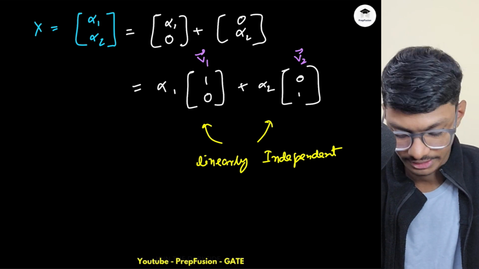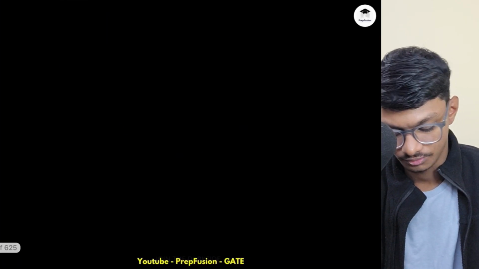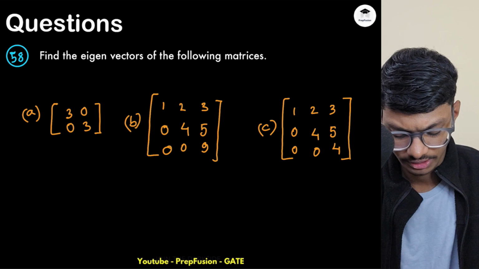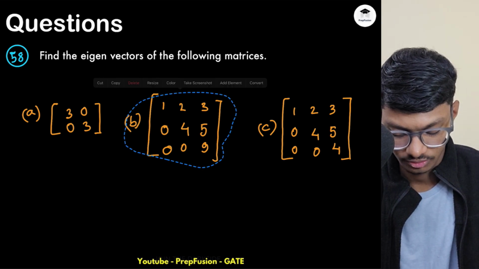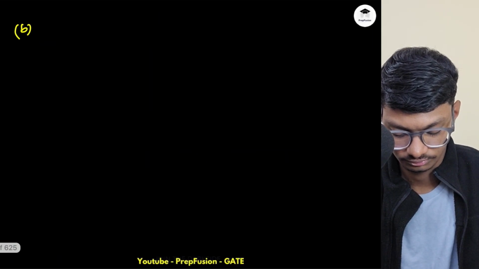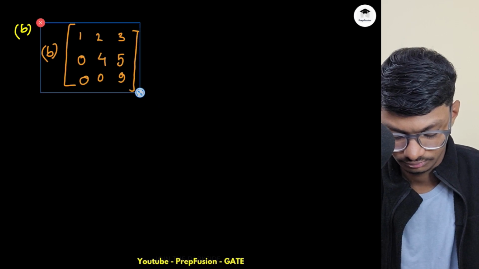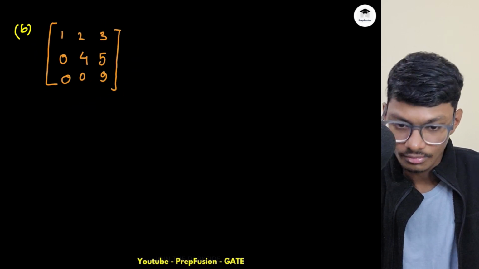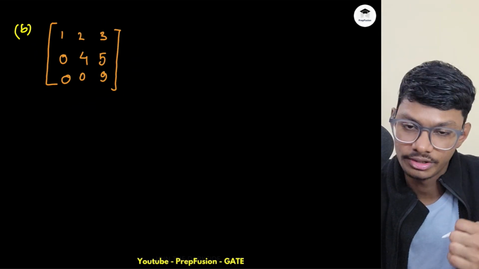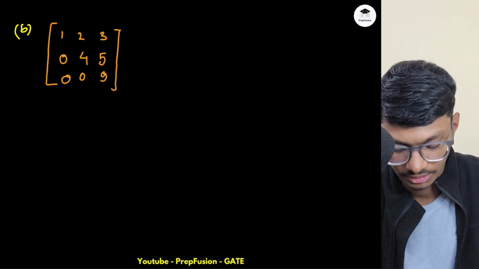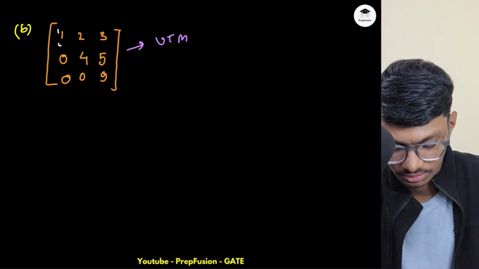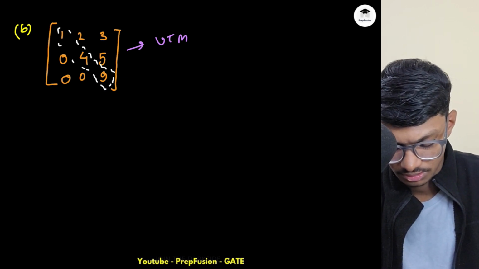Now let's go to the second question, that is question B. We have to find the eigenvectors for this also. Again, this is an upper triangular matrix. If it is an upper triangular matrix, its eigenvalues will simply be the diagonal elements.